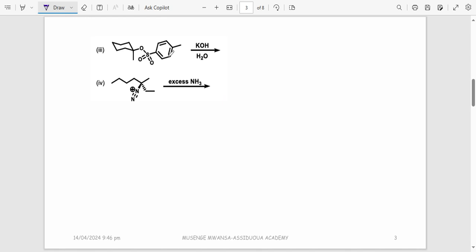Let's look at this one. Again, you need to identify the leaving group, and you also need to identify the nucleophile. So what is going to be the nucleophile here? It is going to be hydroxide, because the potassium is really not affecting the reaction.